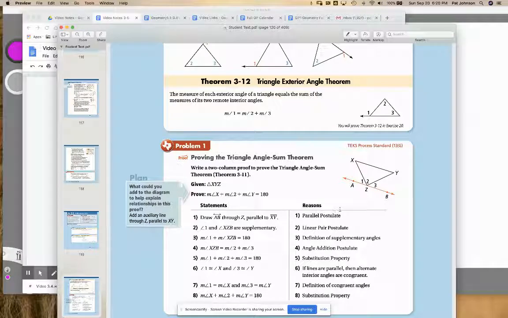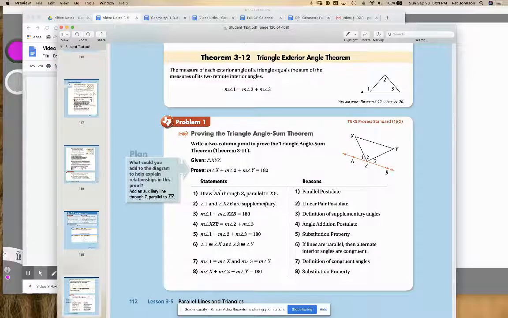Next, we can say the measure of angle 1 and the measure of angle XZB are supplementary because of the linear pair postulate, right? They make this big angle here and angle 1. Then we can say the measure of angle 1 plus the measure of angle XZB equals 180 because of the definition of supplementary angles.